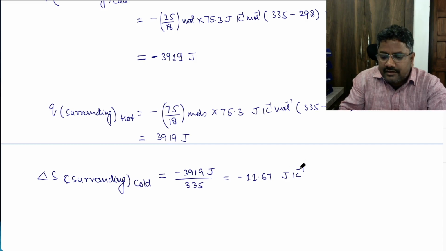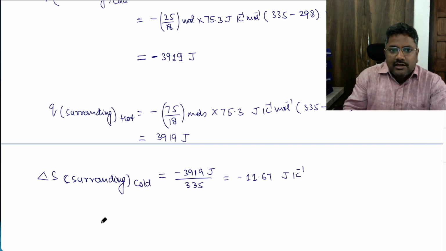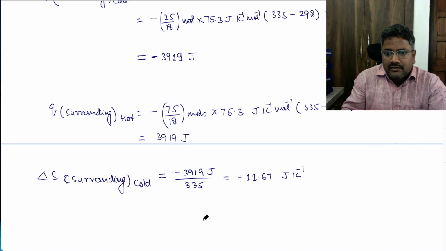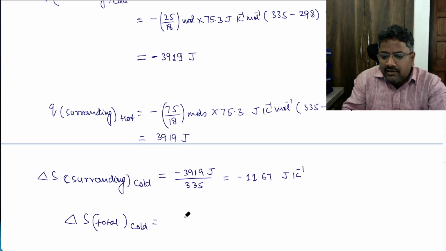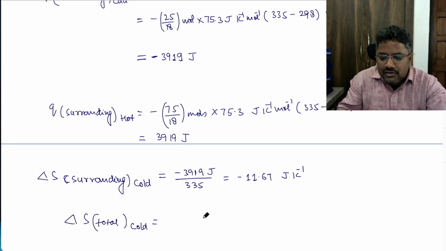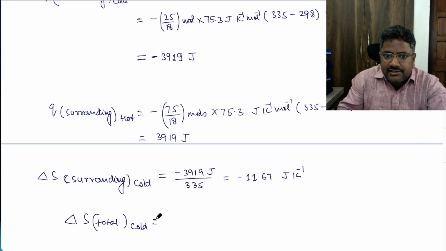So if we want to calculate the delta S universe for this cold, delta S total for this cold is equal to 12.38 joules per Kelvin.